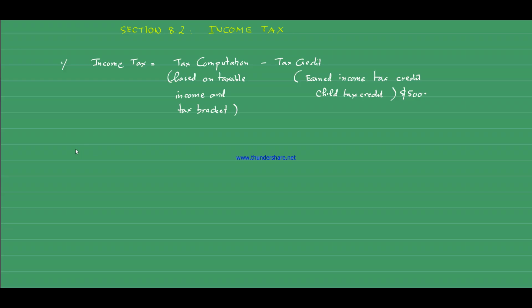Now the second formula is the taxable income.